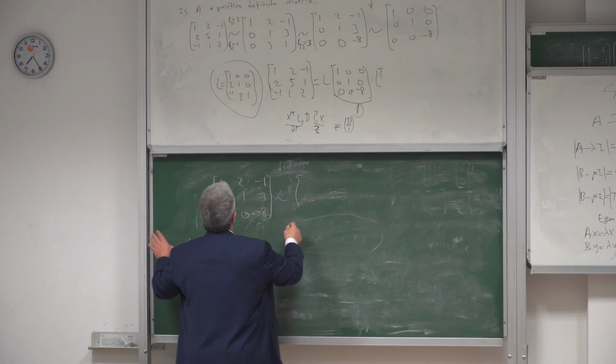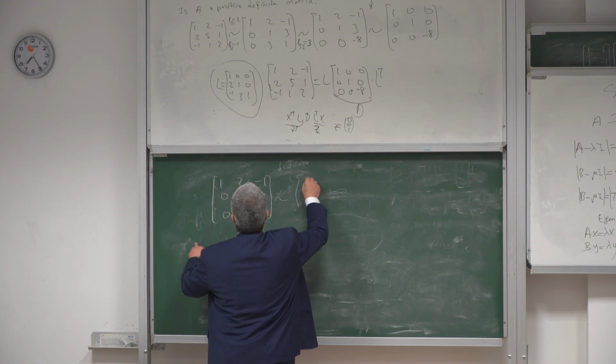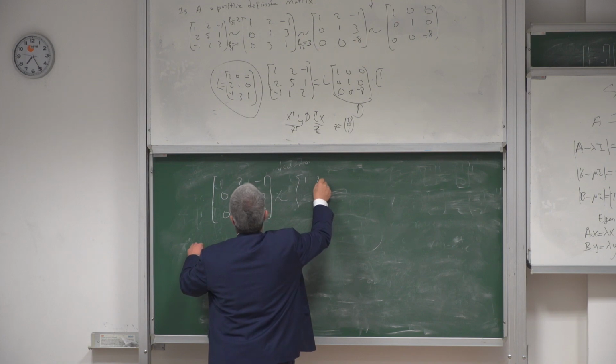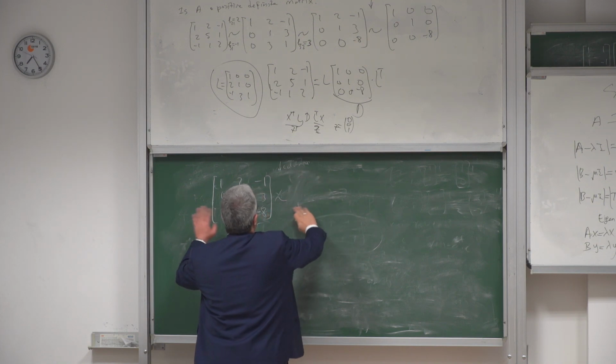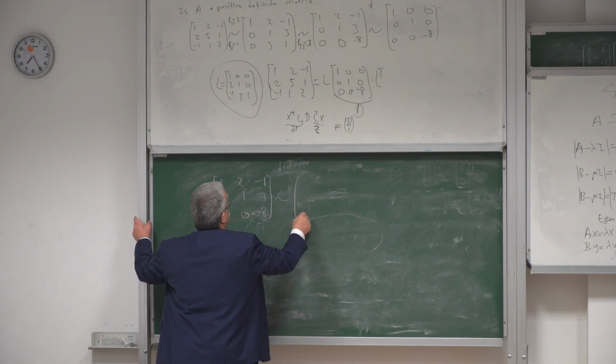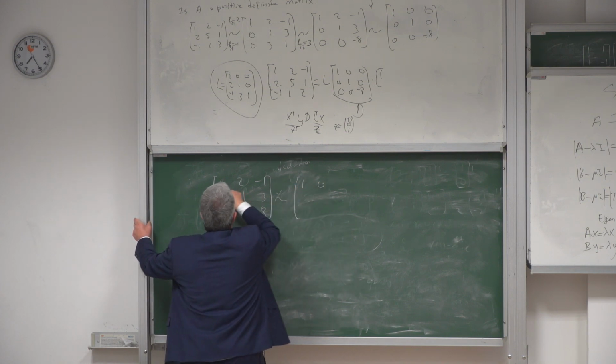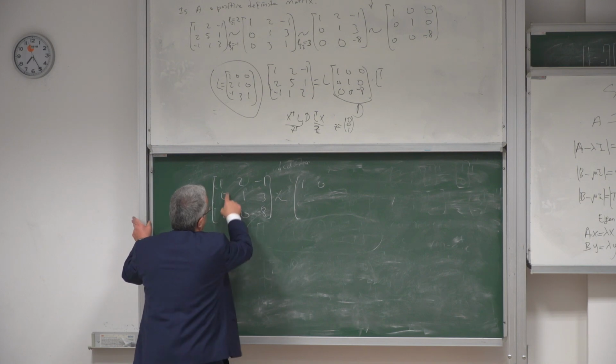So what this means is that, I don't want to confuse you. So 1, 0, and this, of course, has no effect. These are all 0 already, right? So this means also to add this column to this.